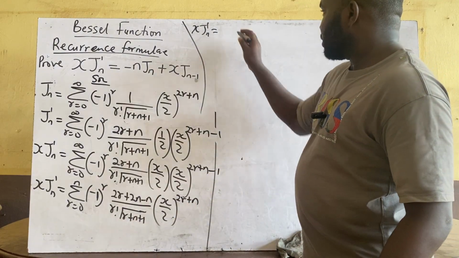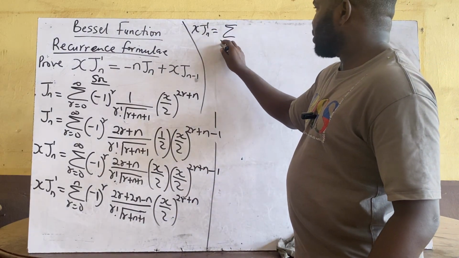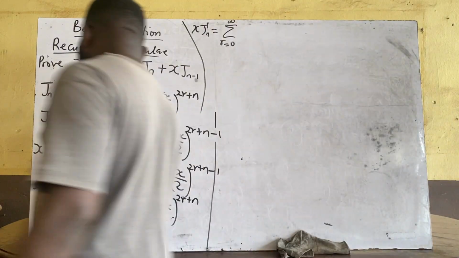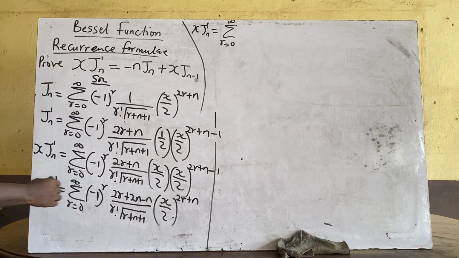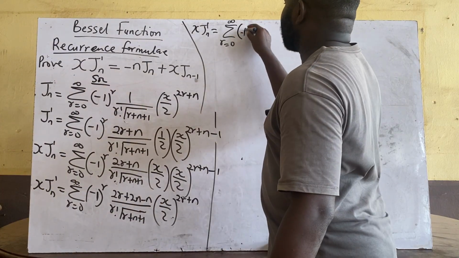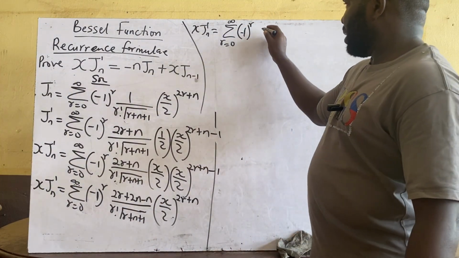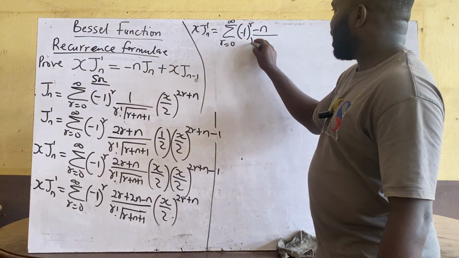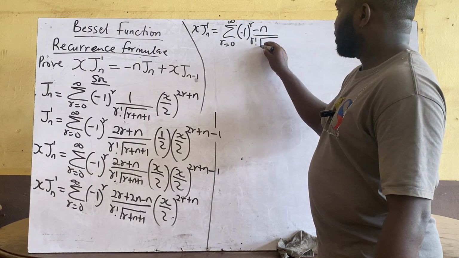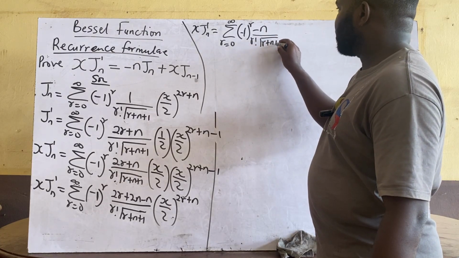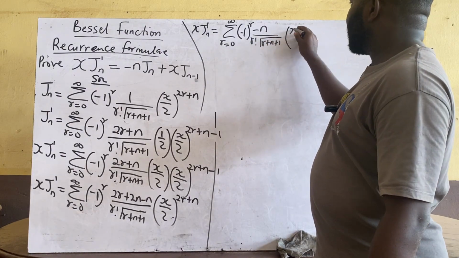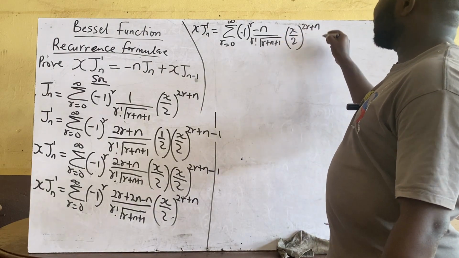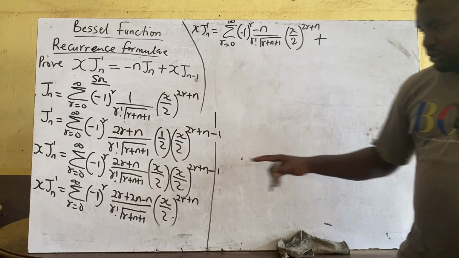So I'm going to have the summation of r starting from 0 to infinity, not n, but infinity, of minus 1 raised to power r, then I'm having minus n on top over r factorial, gamma function of r plus n plus 1, then x over 2, then 2r plus n, then plus these two now.